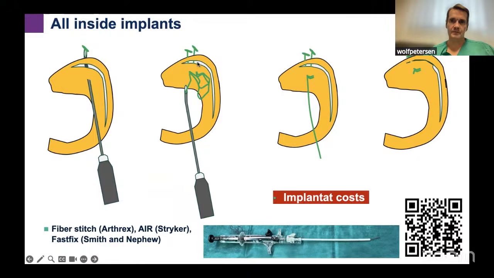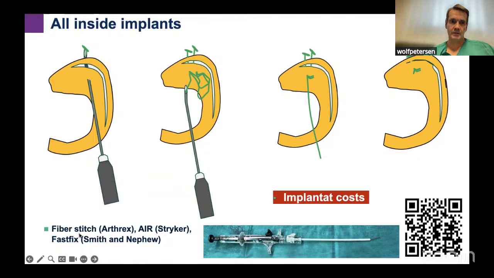Then you penetrate the meniscus again to release the second anchor. Then you tension your suture with a self-blocking knot, and finally you have the repair.